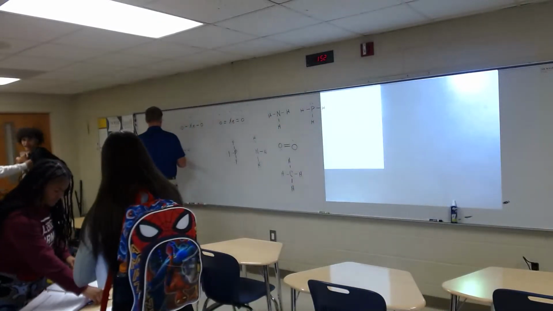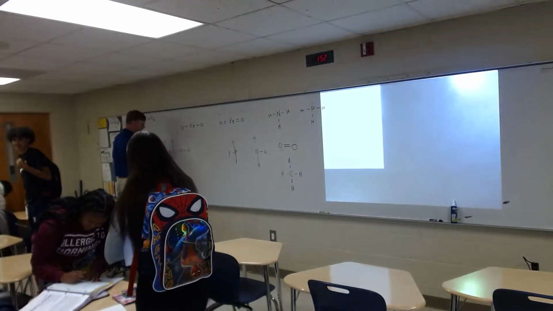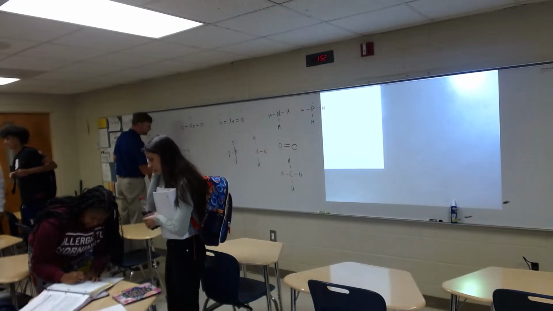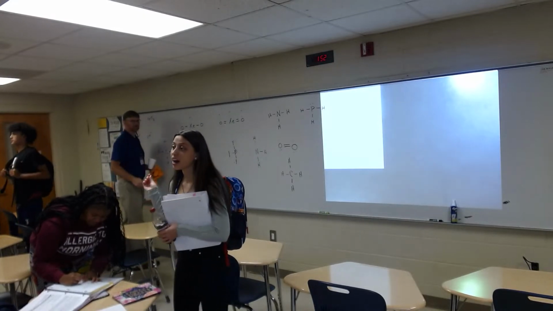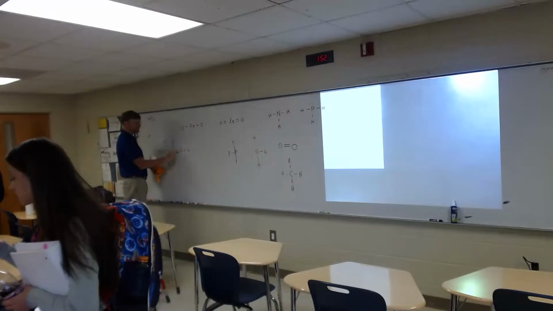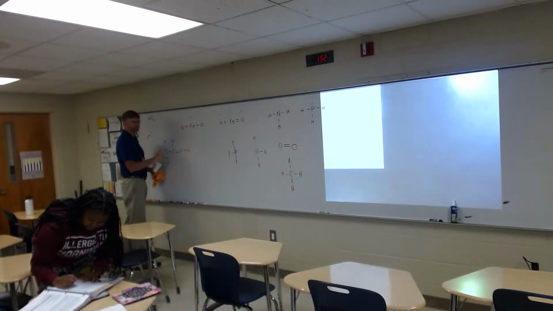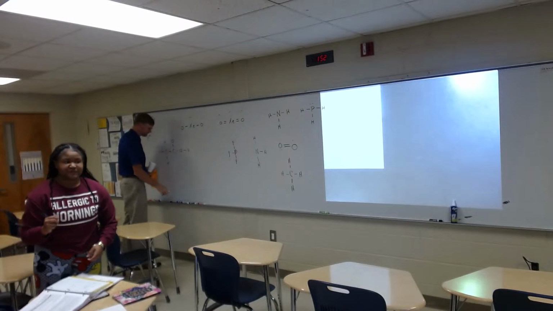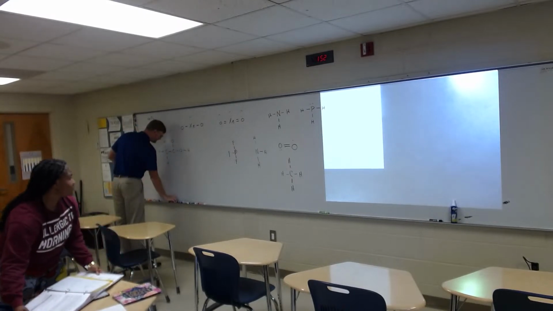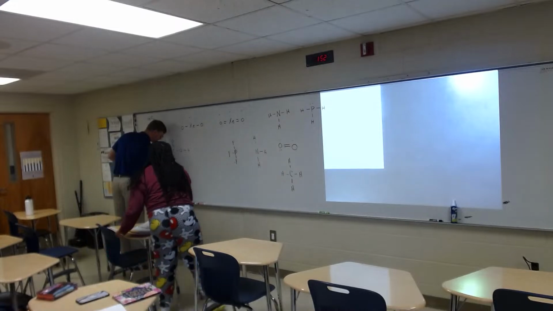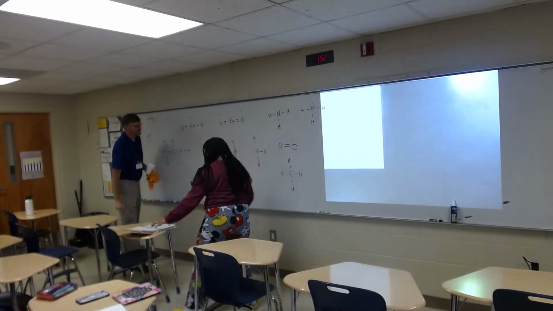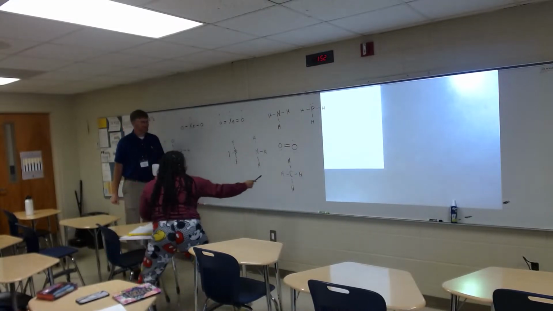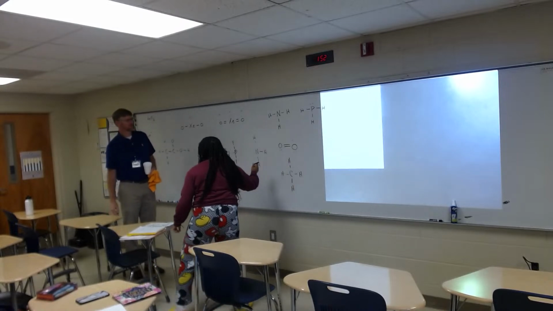Like if I moved the double bond to the right and kept the top one single. So the only way it works is because the hydrogens are different. Like this one has 4 bonds.